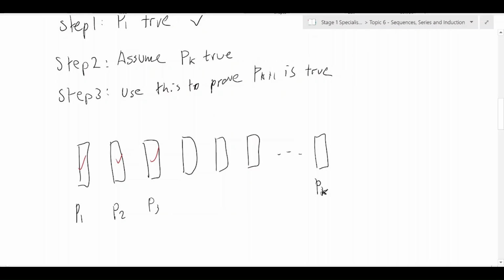And what we want to prove is if Pk is knocked over, then Pk+1 gets knocked over.